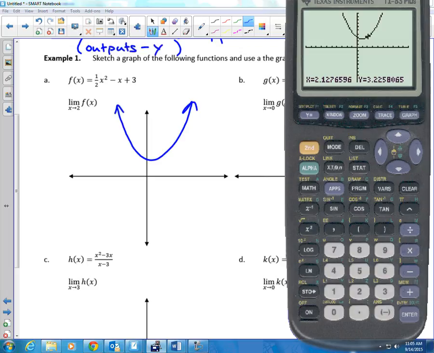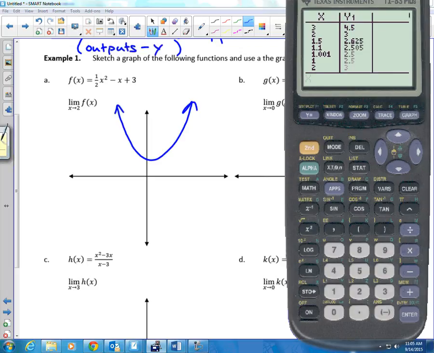Now, you could go to your table, and you can even type in values that are really close. I'm approaching 2, so I can type in 3, 4.5, 2.5, and after that 2.1, 2.01. Looks like it's going to what? Instead of approaching from this side, let's go from the other side. Let's plug in some other values.